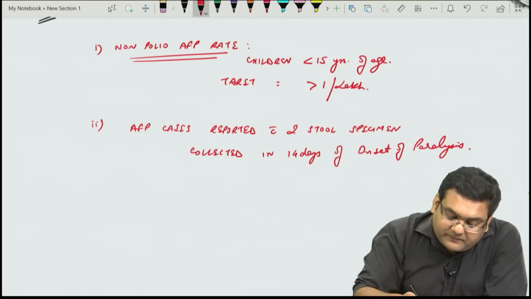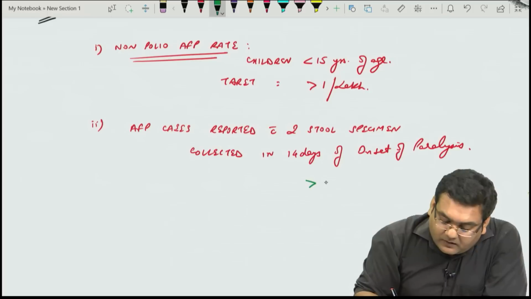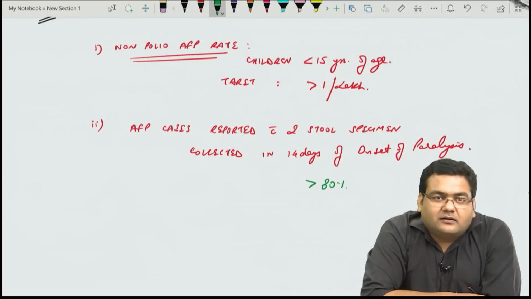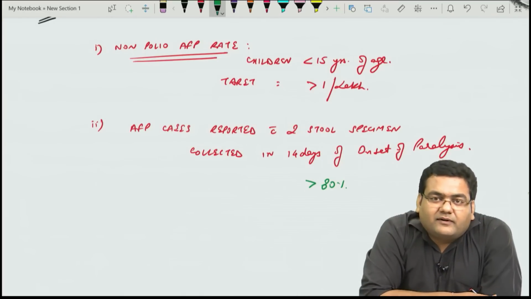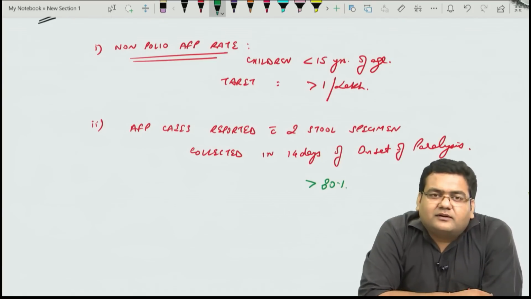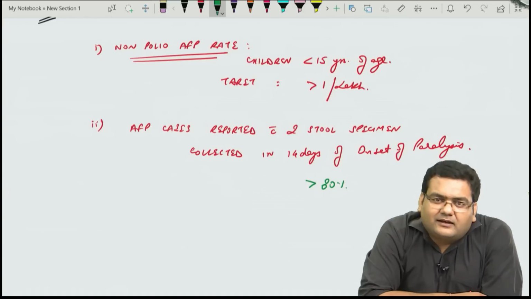This should be more than 80%. Means of all the cases who are reported with acute flaccid paralysis, 2 stool specimens should be collected within 14 days of onset of paralysis, and the target given is more than 80% of such cases. In more than 80% of such cases, these stool specimens should be collected.